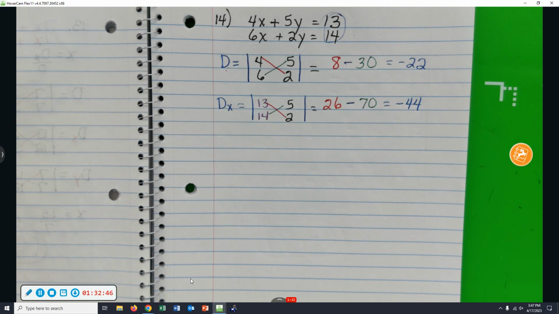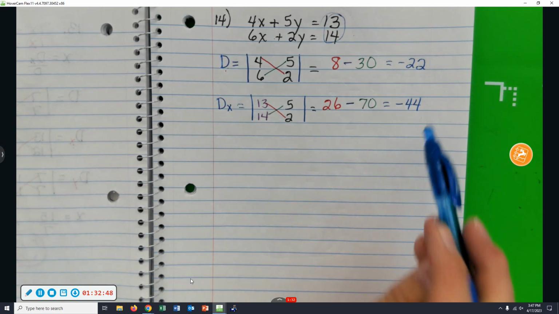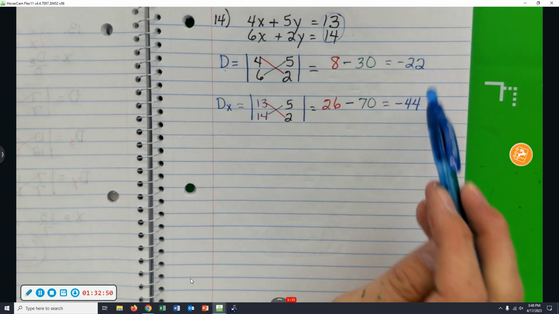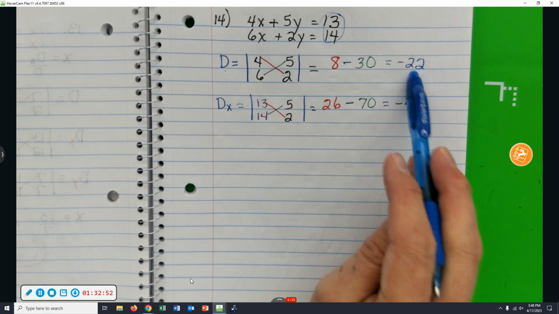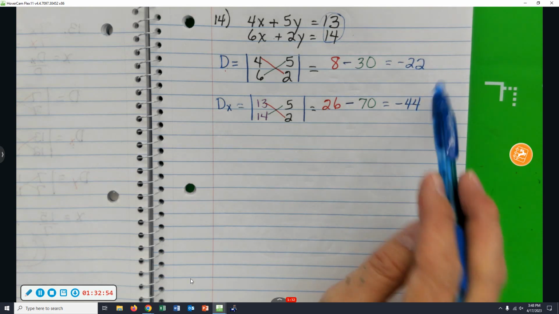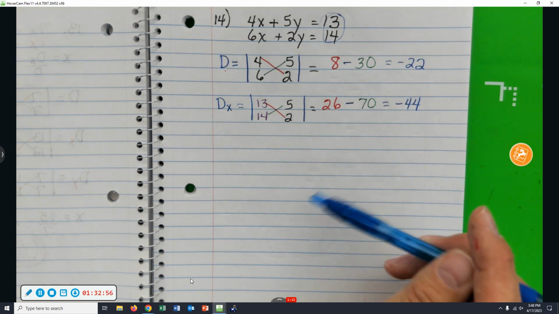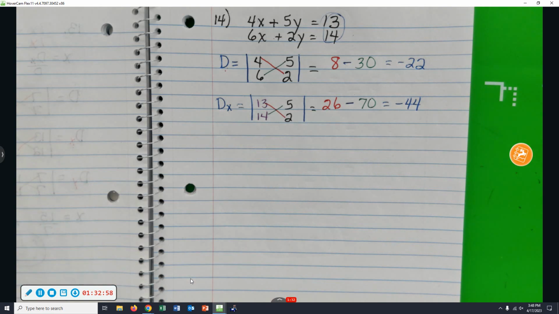x is Dx over D. Dx divided by D would be negative 44 over negative 22. But I'll write that out in a moment. One more: find Dy.